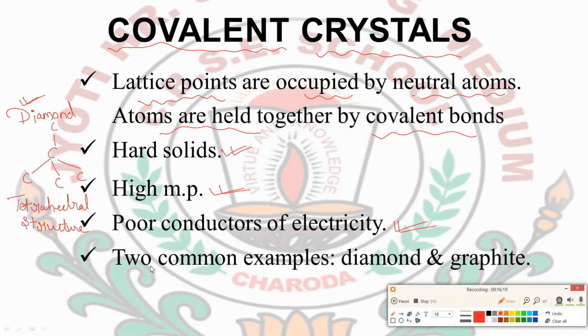Some examples of this type of covalent crystal are diamond, as I have talked about before, and graphite also. You know that in graphite the structure is hexagonal, present like this, and these are layered up with each other like this.